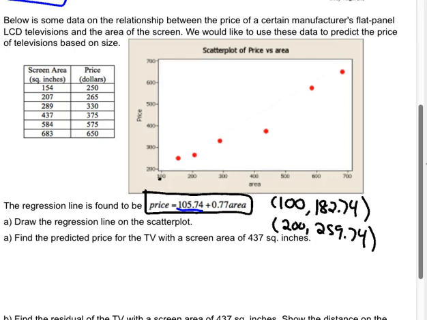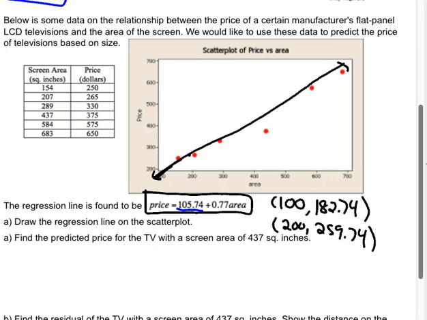But 200 and 259, that's going to be about here. So if I make that line, again, it's not perfect, but at least you have a general idea of where that line is. Okay?